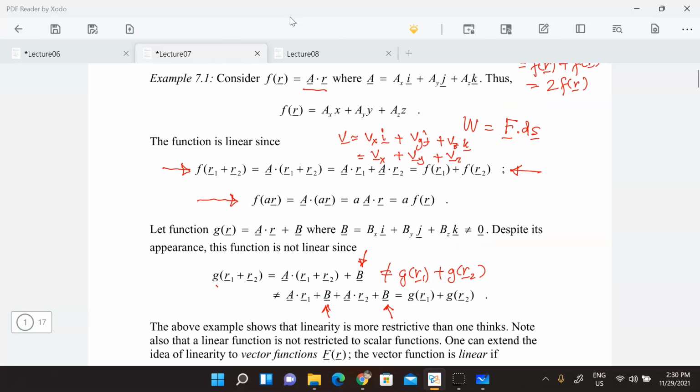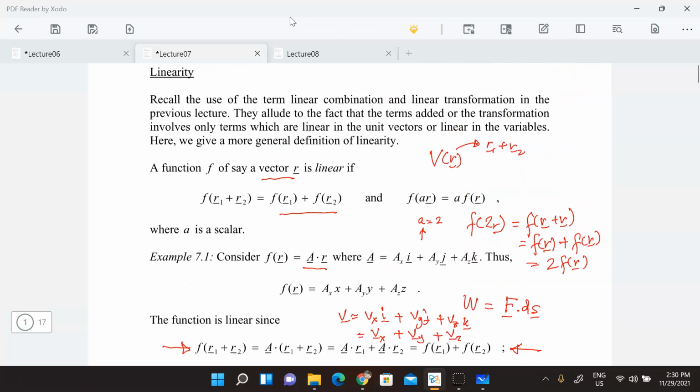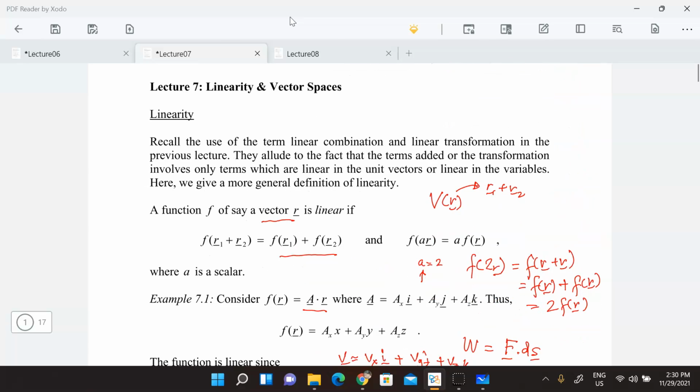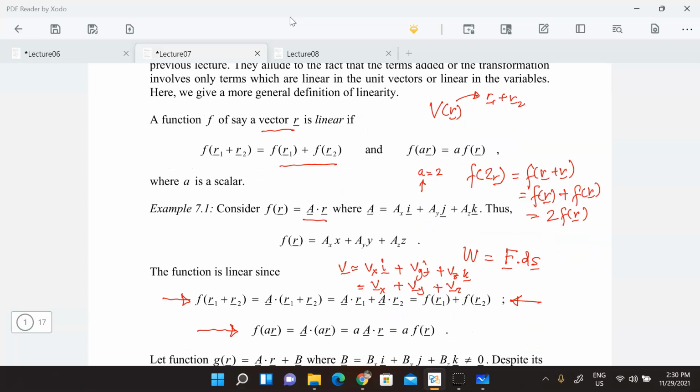Now the functions that we have just mentioned so far are functions where, let me write this in terms of a map, I take a vector, say in R3, and the value of this function is going to be some scalar. In other words, this is what we call a scalar valued function.